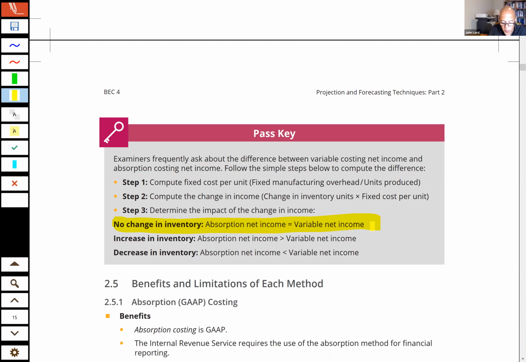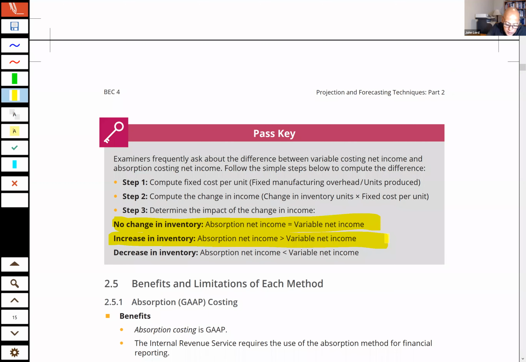If we have an increase in inventory, absorption has a larger net income than the variable contribution approach, because we're holding back that fixed manufacturing overhead on the balance sheet under absorption, whereas under variable we take it immediately.